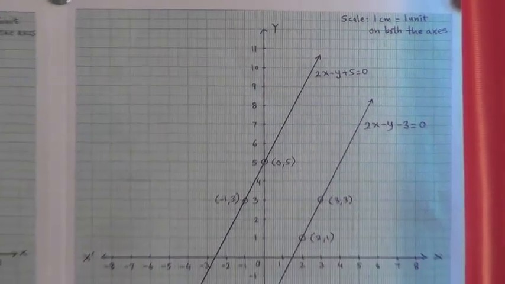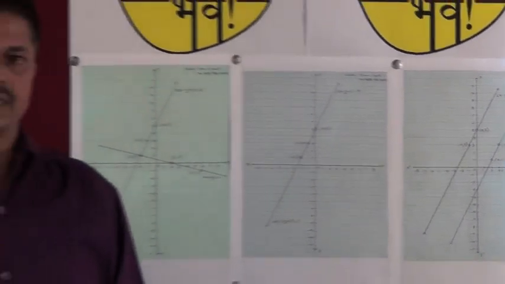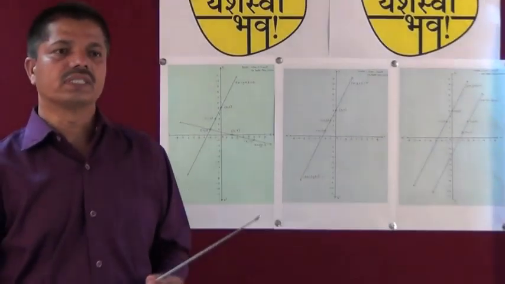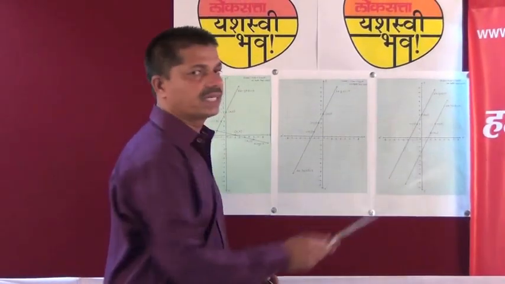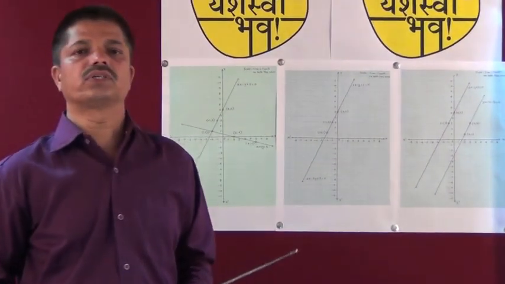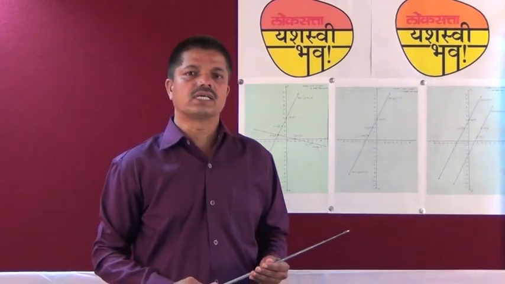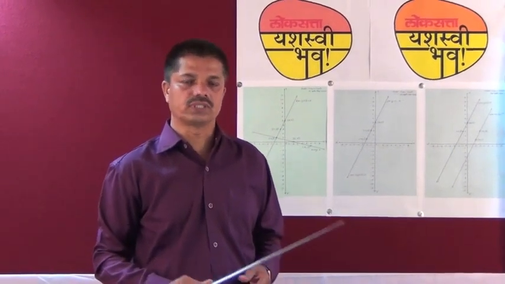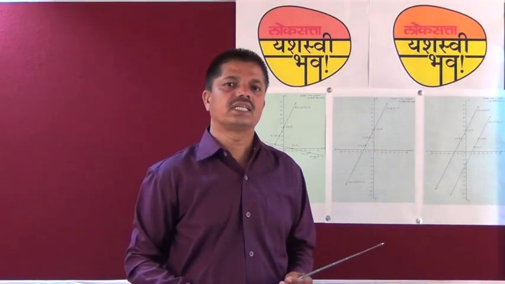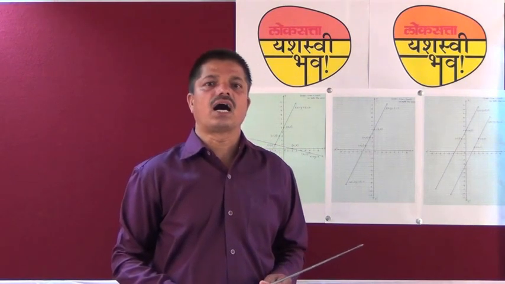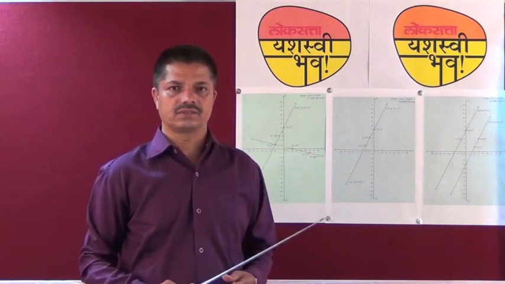As these lines are parallel, they are never going to intersect each other, and therefore these two equations having the condition a1 upon a2 is equal to b1 upon b2 is not equal to c1 upon c2 do not have any solution, and therefore these equations are inconsistent.